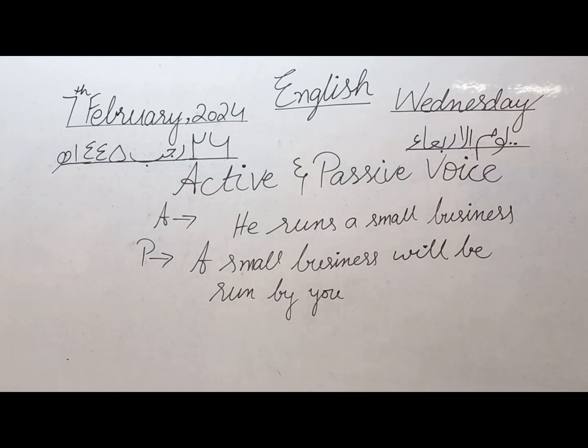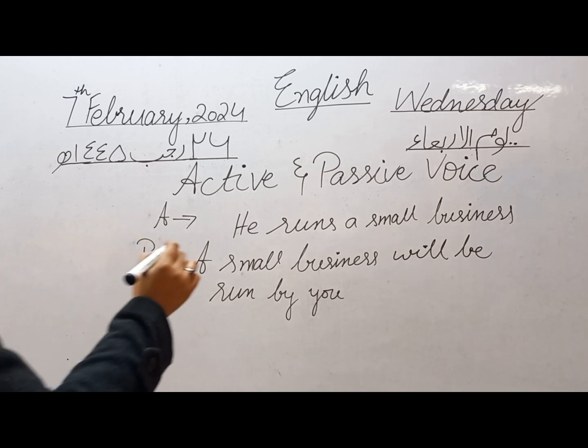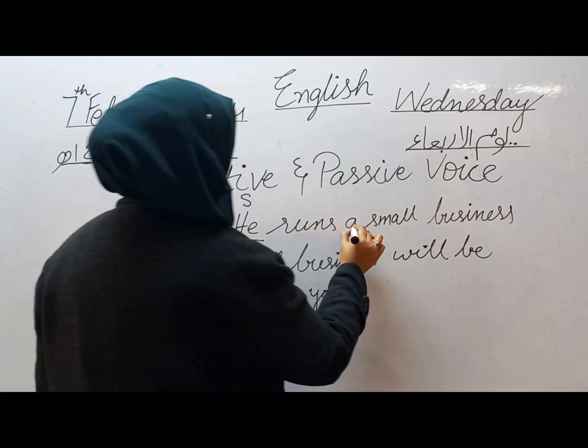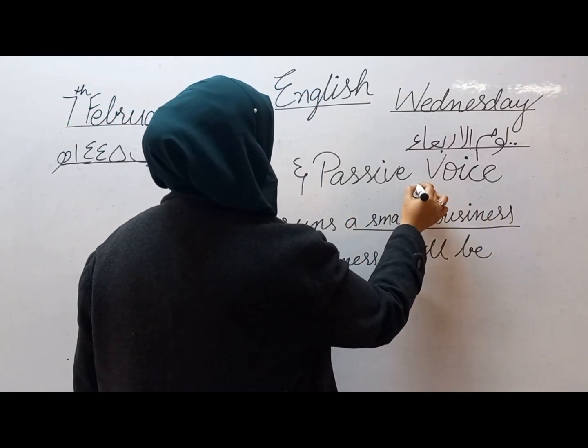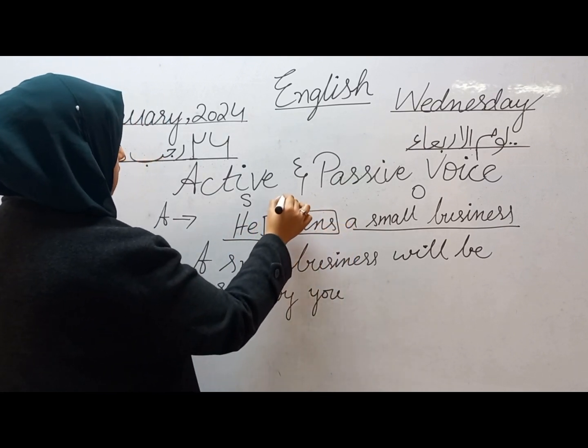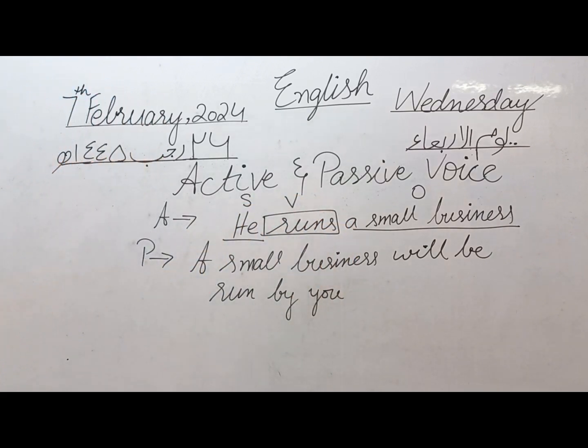So let's observe whether the things which I have told you are fitting in this sentence or not. I told you that you will replace the object in the place of a subject. So in this sentence we had a subject, he, the object was a small business, and run was a verb. Is it correct? Yes, it is.